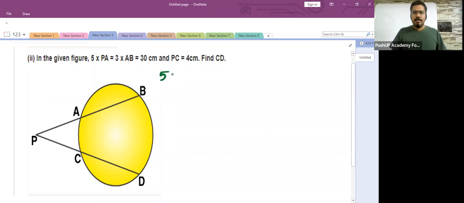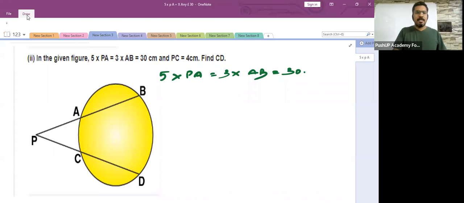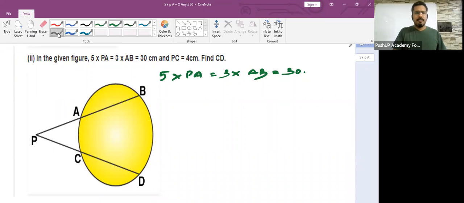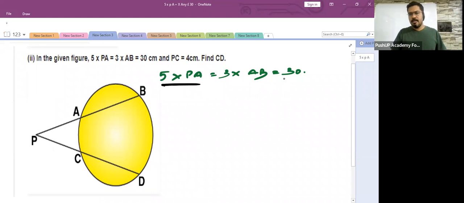What they have given, 5 into PA is equal to 3 into AB is equal to 30 centimeters, right? Let's take the first and the last terms. That is 5 into PA is equal to 30 centimeter.